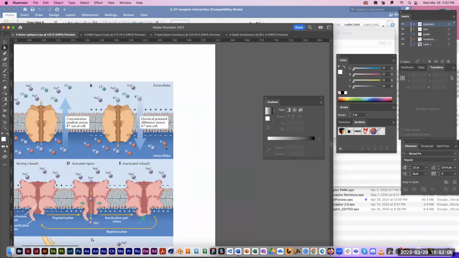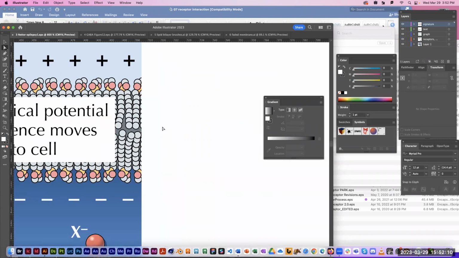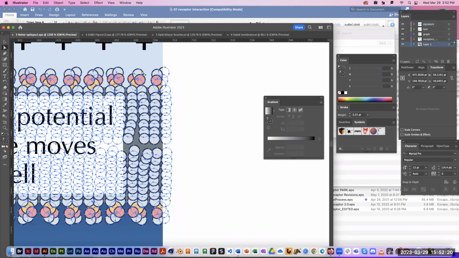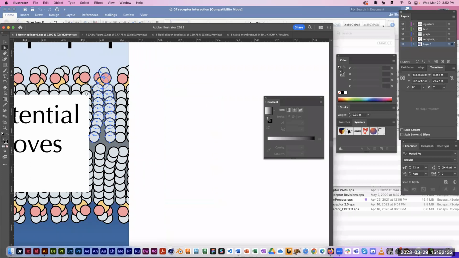You've seen this one before, but now focus on the lipid bilayer. No blue lollipops. I was trying to go with something that looked a little bit more like an actual phospholipid.